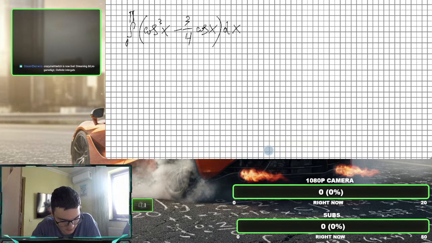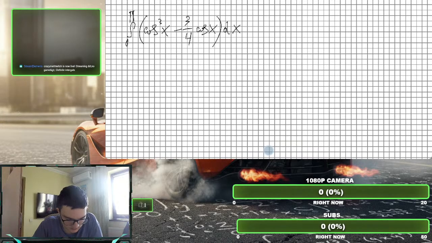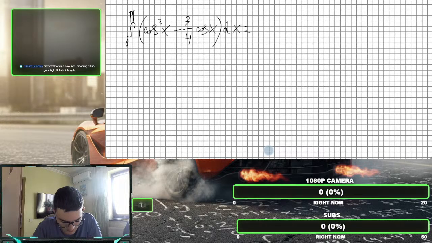essentially integrated it's sine x. So basically it integrates straight away. Cos x is sine x integrated minus where I can just write as sine 3x divided by 3. Now where did the 4 go?